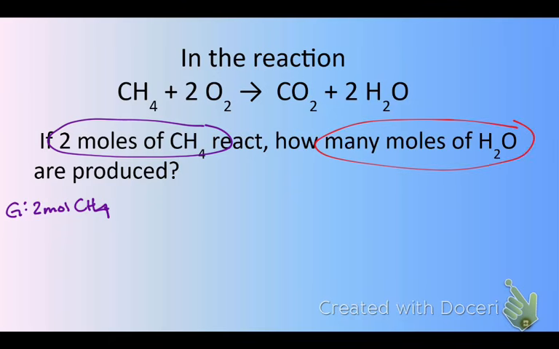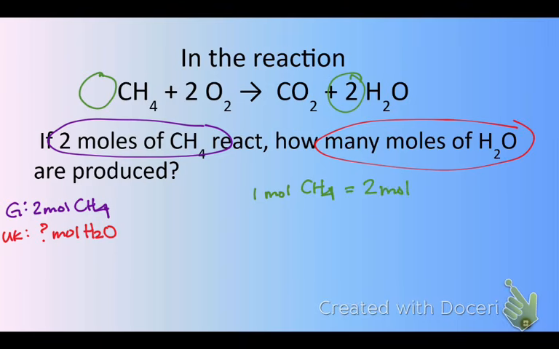How many moles of H2O? And we are going to need our conversion factor. So we know we are comparing the coefficient of methane to the coefficient of water. So I have 1 mole CH4 is equal to 2 moles H2O.